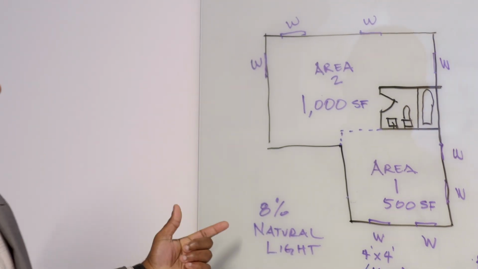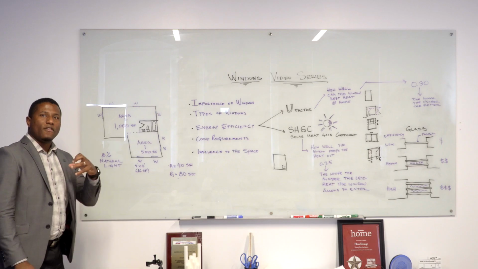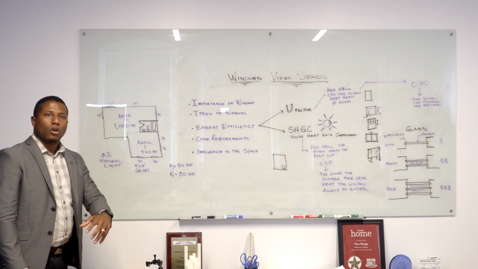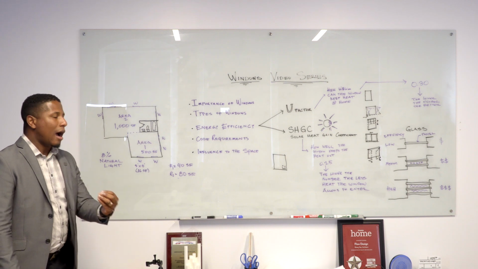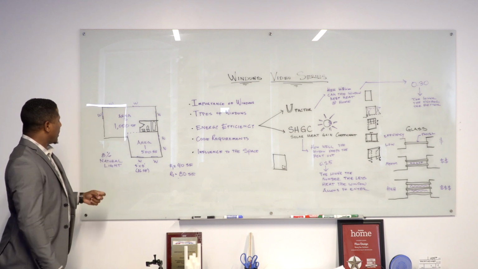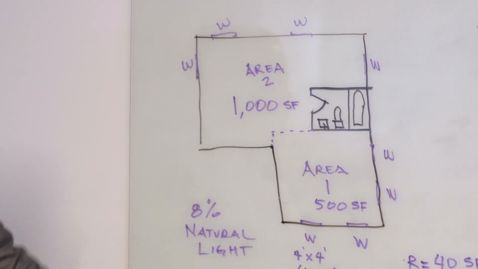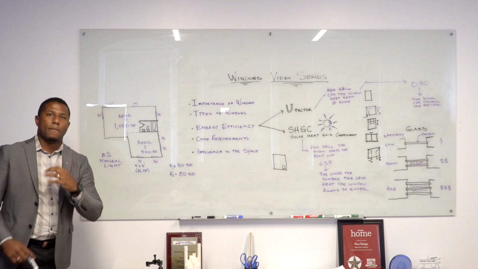So let's say the code says 8% of the area that is livable is required for natural light within the space. And what does that mean in the code?